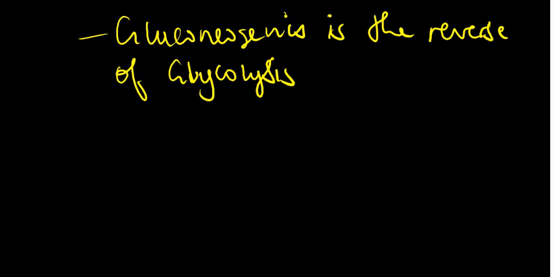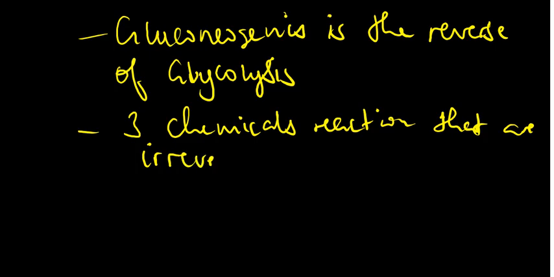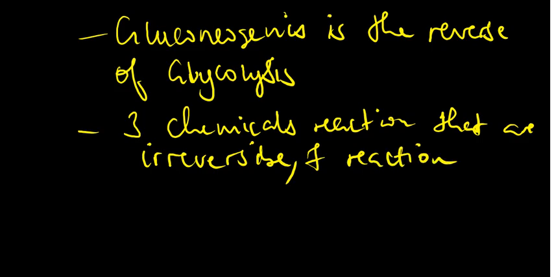You need to know this: glycolysis has three chemical reactions that are irreversible, and the other 7 reactions are actually reversible. So you're going to note this.